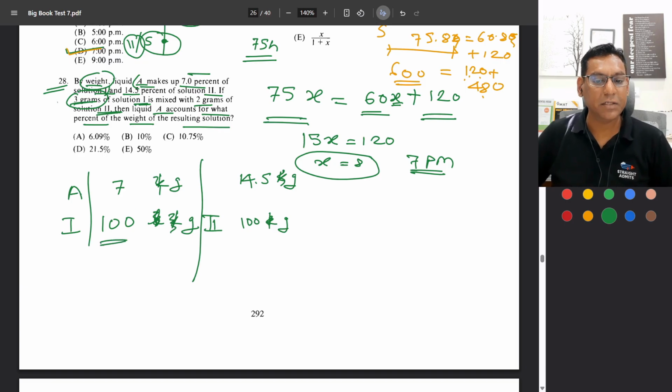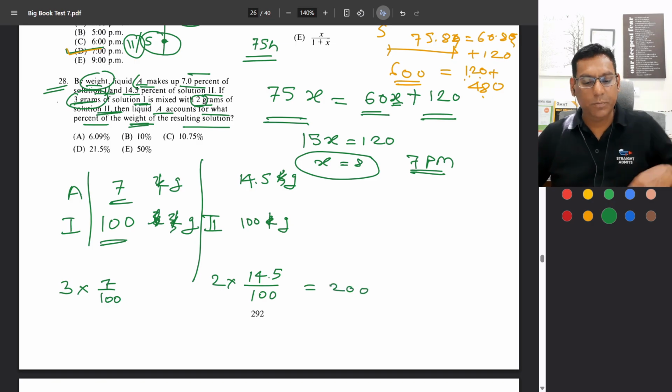In 100 grams is 7, so in 3 grams is going to be 3 into 7 by 100, this much gram. In solution 2, how much am I mixing? 2 grams. So in 2 grams of solution 2, how much A is going to be there by weight? It's going to be 2 into 14.5 by 100, right? Okay, and the total weight is going to be, sorry, 5 grams.